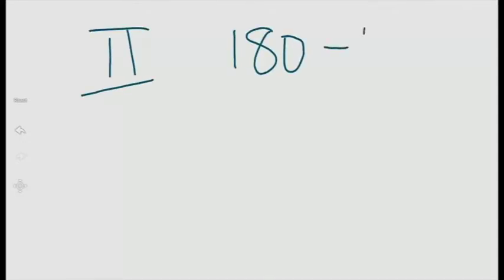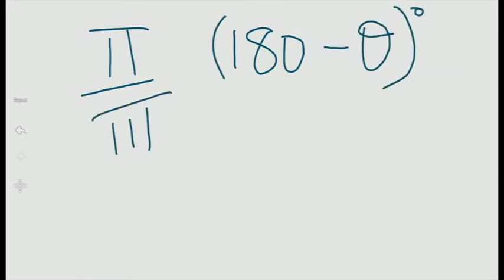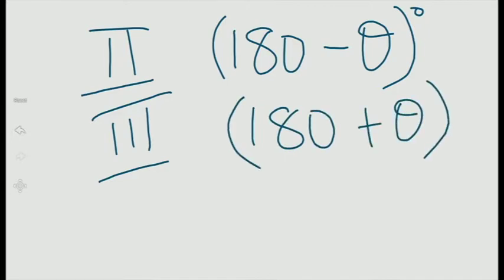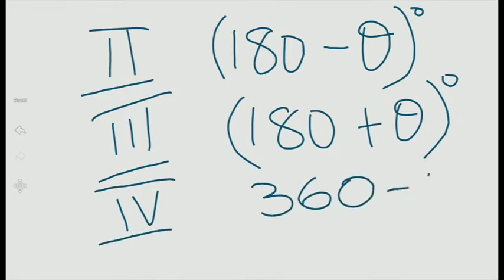We say that in the first quadrant, we have the acute angle, which is theta. So if I have theta in the first quadrant, in the second quadrant I'm going to have 180 minus theta. In the third quadrant, I'm going to have 180 plus theta. In the fourth quadrant, I'm going to have 360 minus theta degrees.